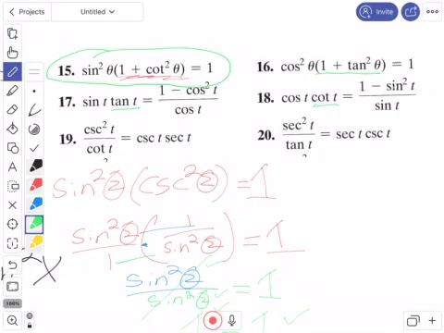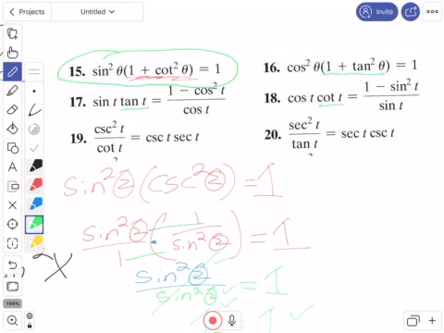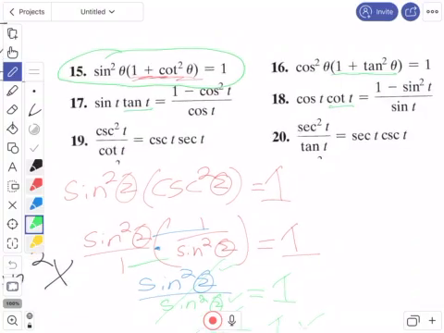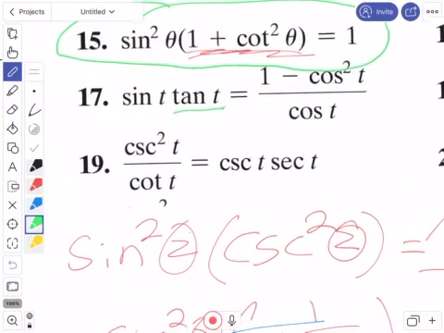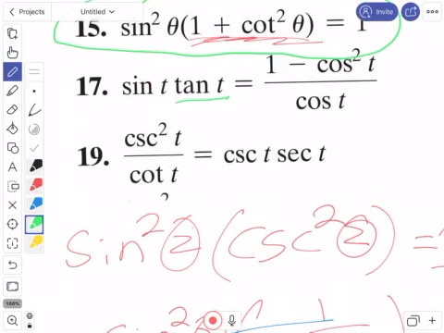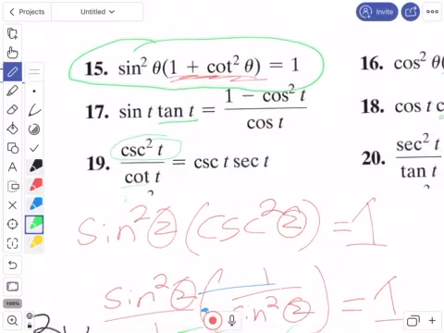Look for where on the cheat sheet you saw ways that those can be rewritten. Think about the fractions and how those could multiply out. And for 19, see if there's a way that you could rewrite cosecant squared of t. You may want to rewrite cotangent of t too. But I'm confident you can get through these.